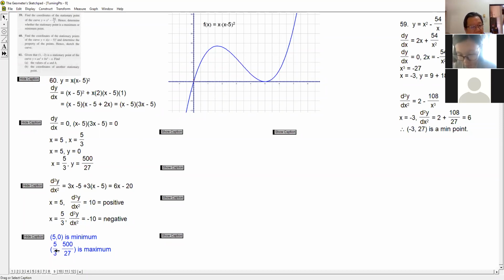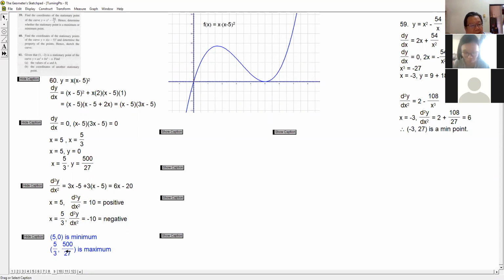Then another one is 5 over 3, 500 over 27. This is the point, and you mark it as the maximum, and you join up the maximum and minimum, you will get this type of curve. You have learned this type of curve in your Form 5 mathematics, first chapter or second chapter. So one is minimum, one is maximum. It's like this. Okay, right.